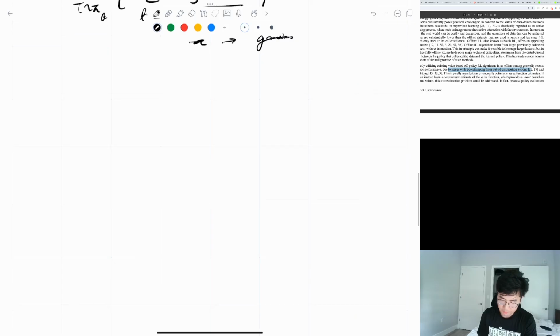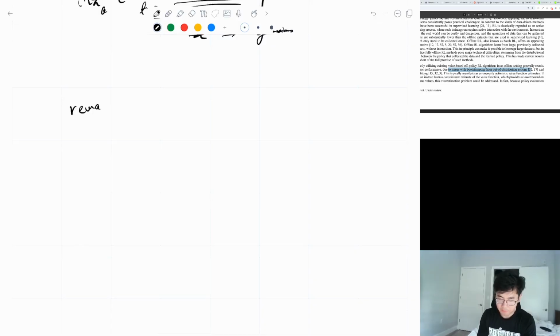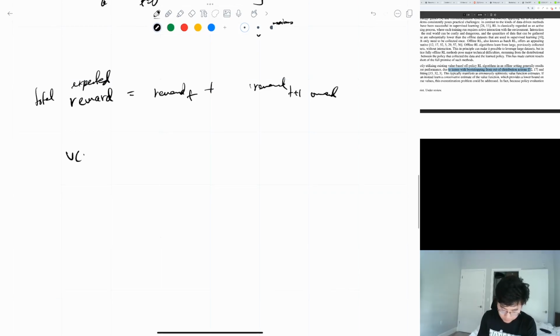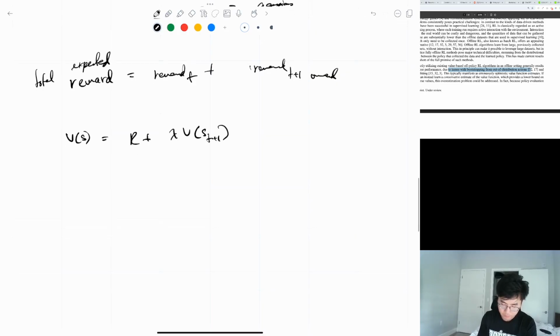In bootstrapping, right? Bootstrapping is just this idea that we can use estimates. First of all, you need to understand the Bellman update, which is the total reward is equal to reward at t plus reward t plus 1 onwards. Based on that, when we write the value function, we can decompose it into r plus gamma v of s at t plus 1, right? And so this is really what it means.